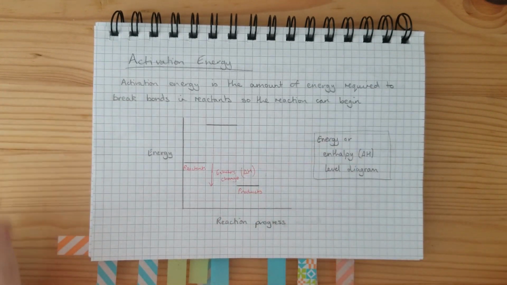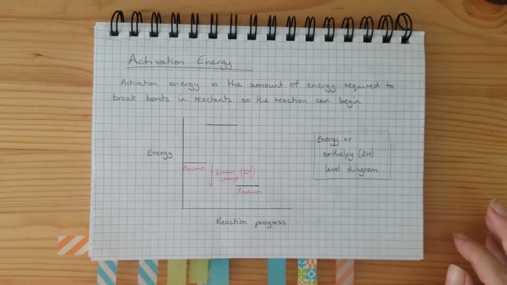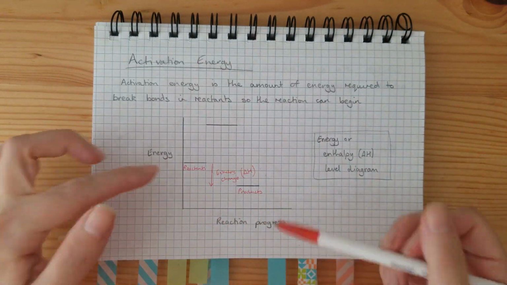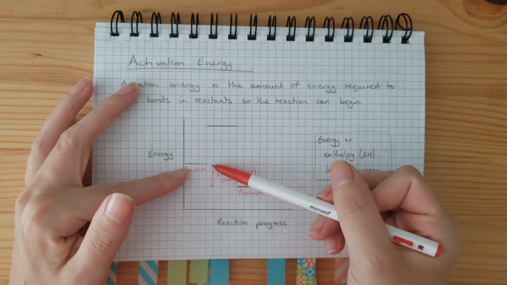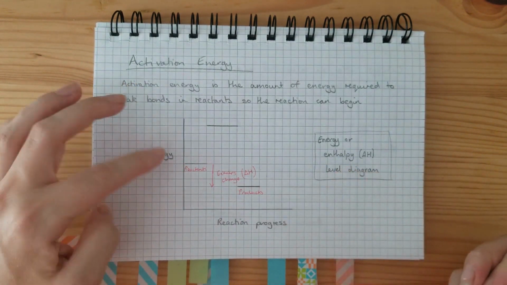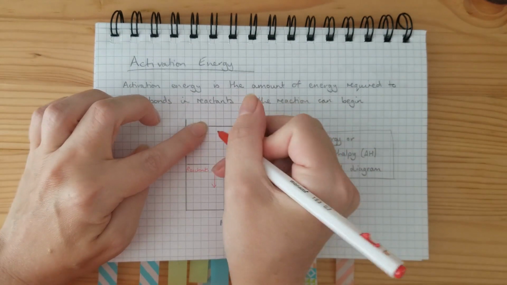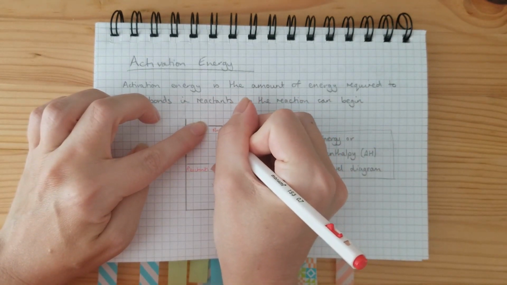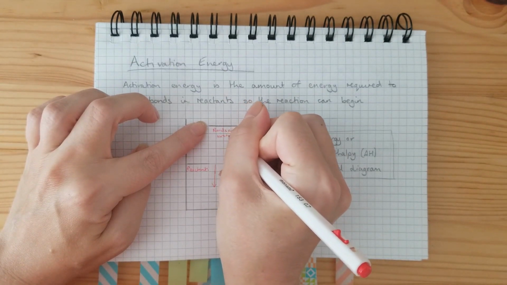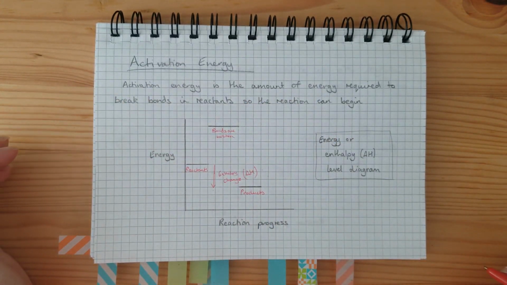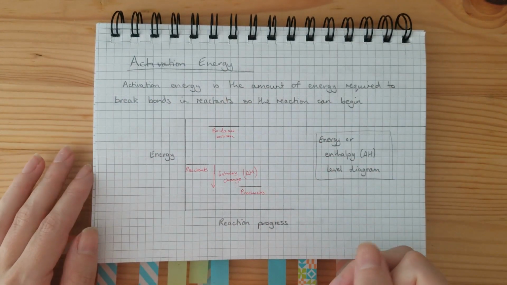Like I said, we'll do a lot more of this when we look at energetics later in year 10, but just an idea, this change in energy is how much energy has come out of the chemical in this case, because we've gone down. This line up here is when all our bonds are broken. So this represents we have pulled all of our atoms apart, ready to form into our products.